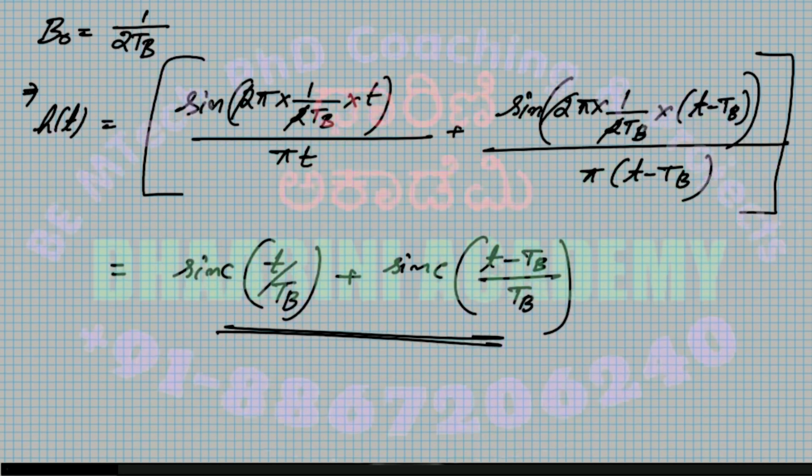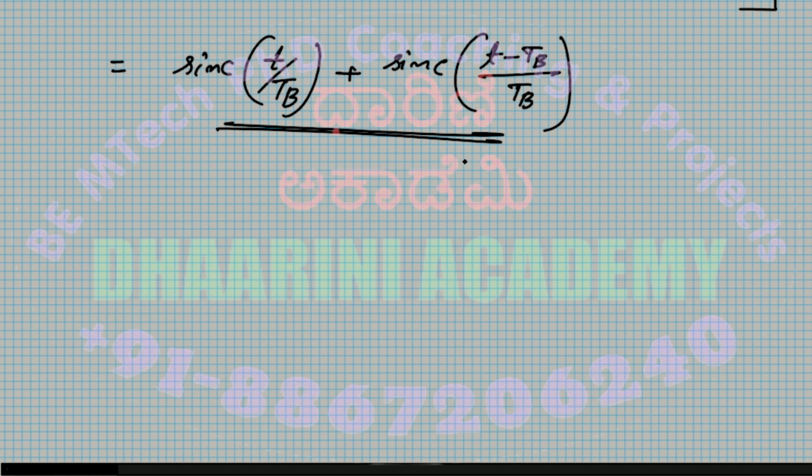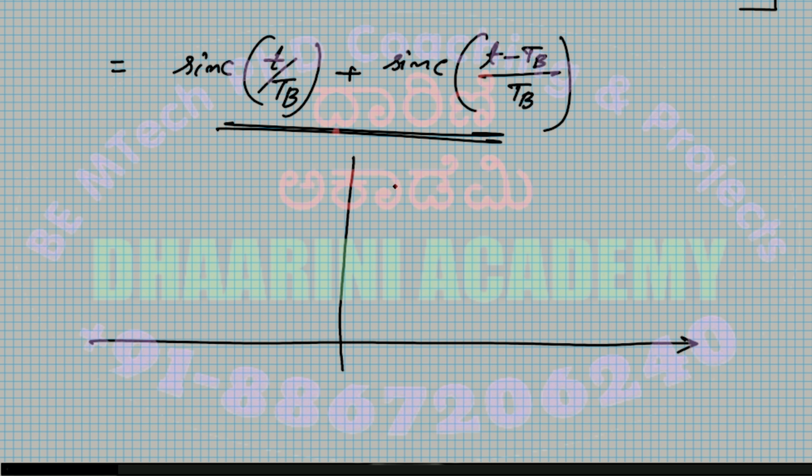So let's directly plot this. The general waveform will look like this. So this is h of t. Now we see there is a small difference, right? I have to mark 0, tb. It is not a simple sinc function. It is a sum of sincs.